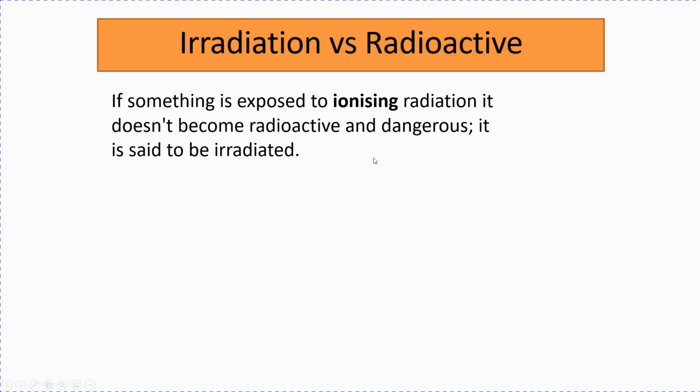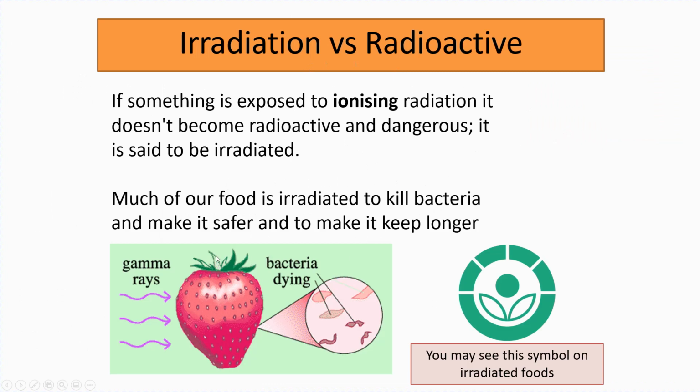So just in terms of comparing the two, a lot of the food that you eat will have been irradiated. For example, strawberries, if you've ever grown strawberries and you pick them at home, they don't last very long. When you buy them in the supermarket, they will last a little bit longer, and the reason for that is because they are passed under a source of gamma radiation, and what that does is it passes straight through the strawberries.